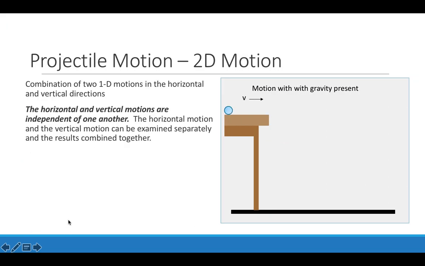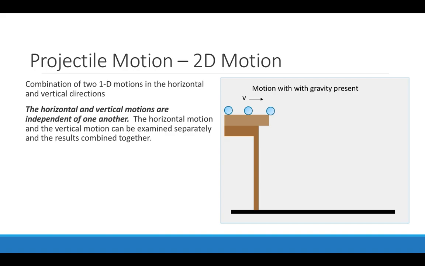So it turns out that projectile motion is just a combination of these two one-dimensional motions, the motion in the horizontal and the vertical direction. We look at where the object would be if gravity wasn't present, and then we look at where the object would be when gravity is present. I'm going to animate the picture. Here's my ball. It's rolling off the edge.